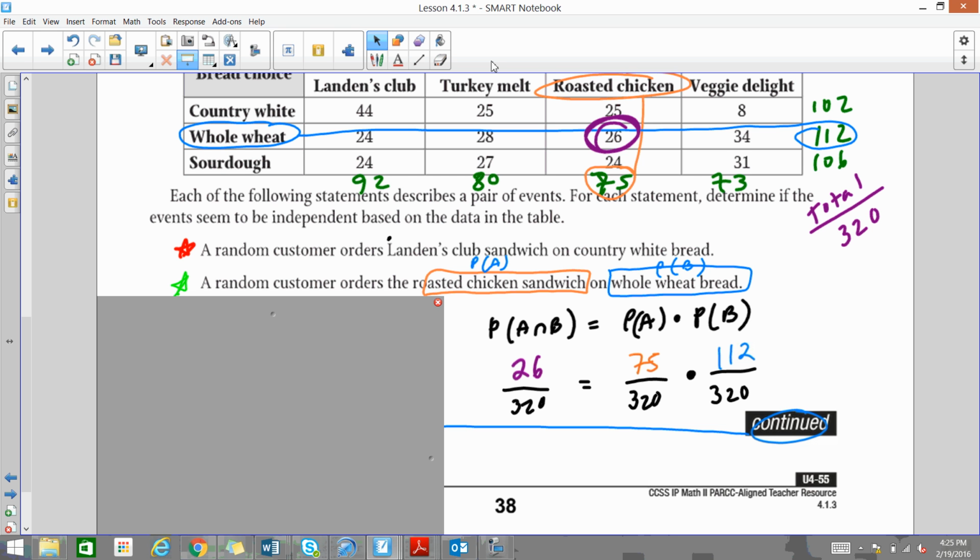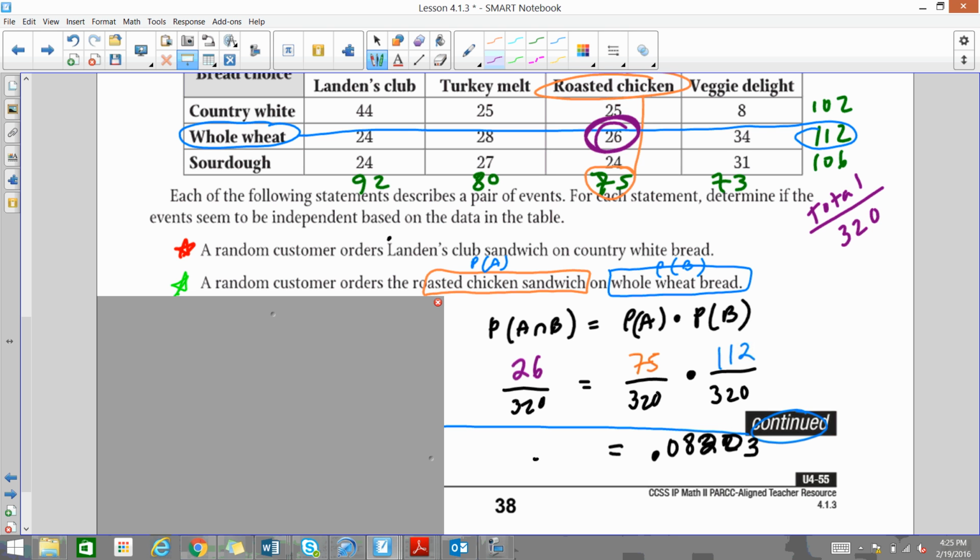So 75 out of 320 times 112 out of 320, and we get 0.08203. Dyslexia's getting me.